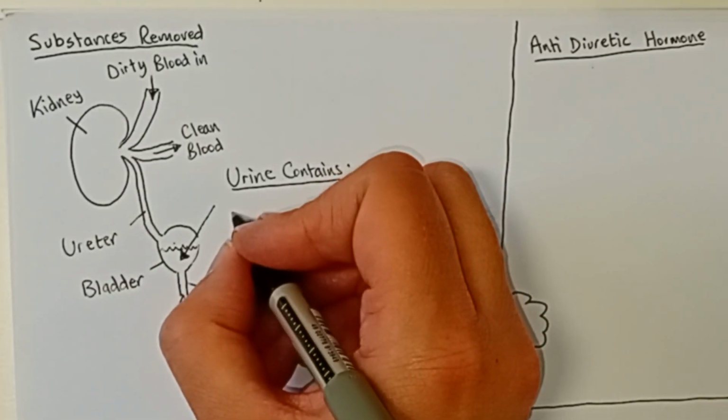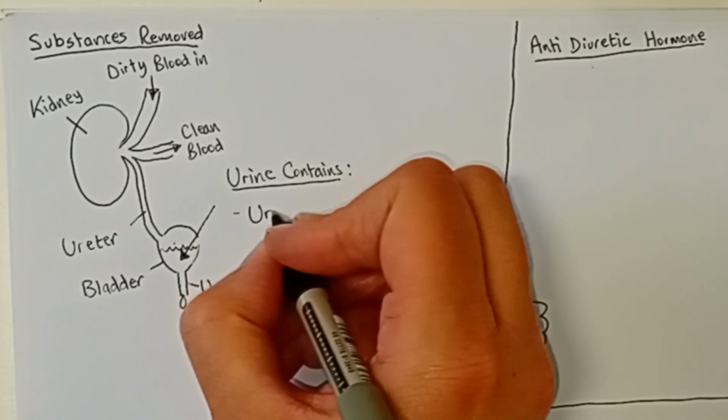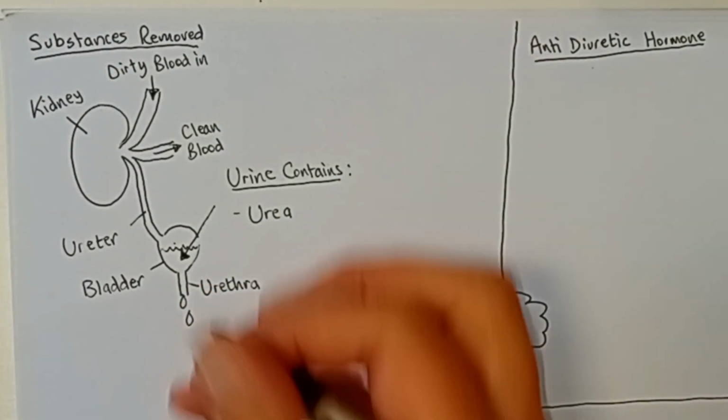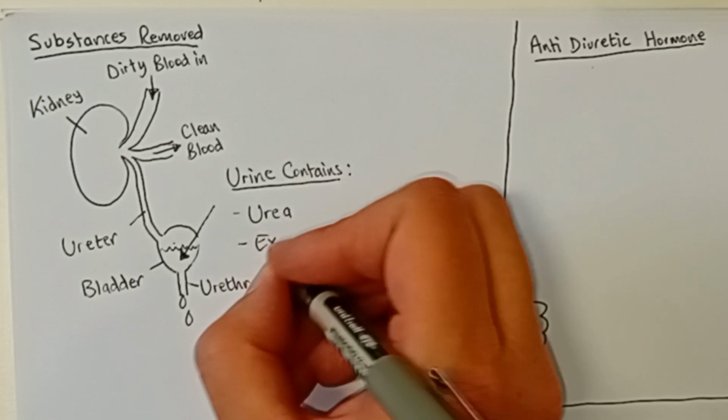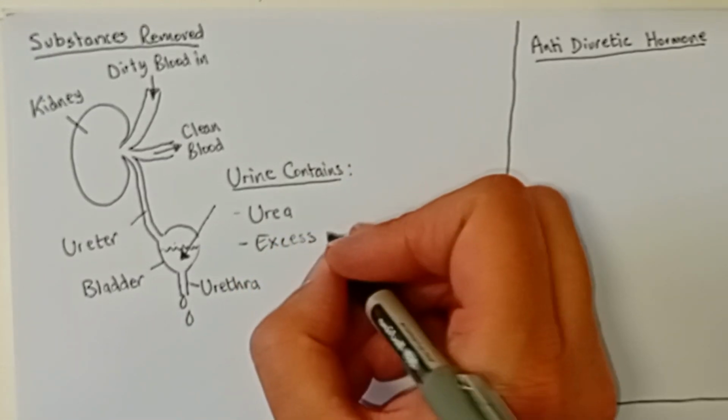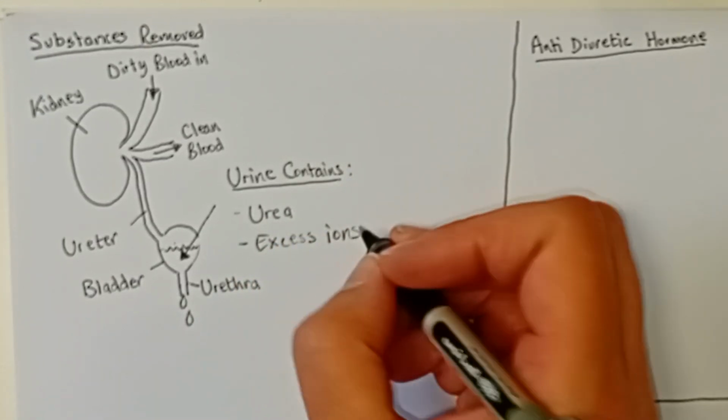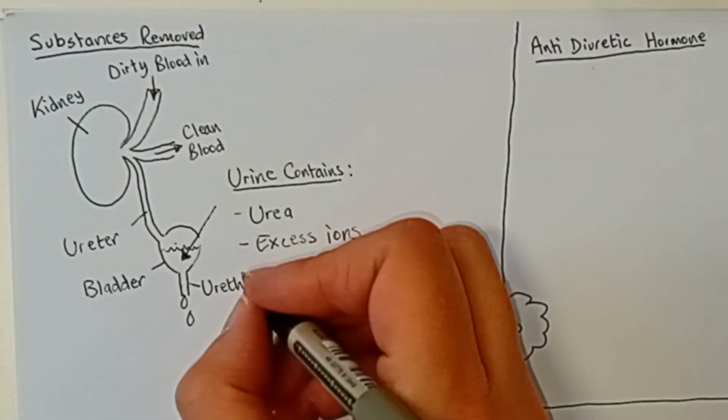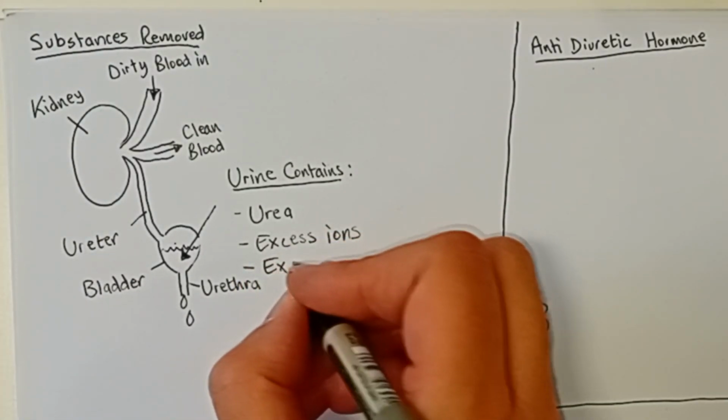By those, I mean urea, excess ions like sodium and potassium, and excess water.